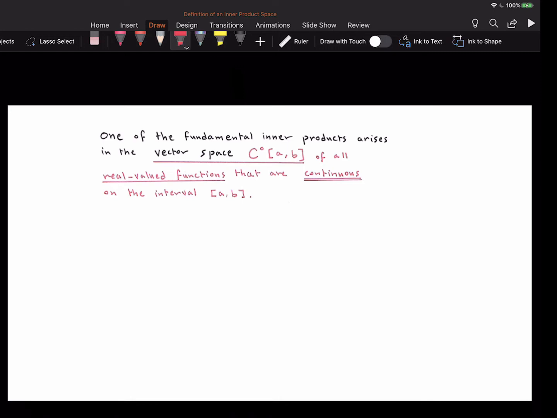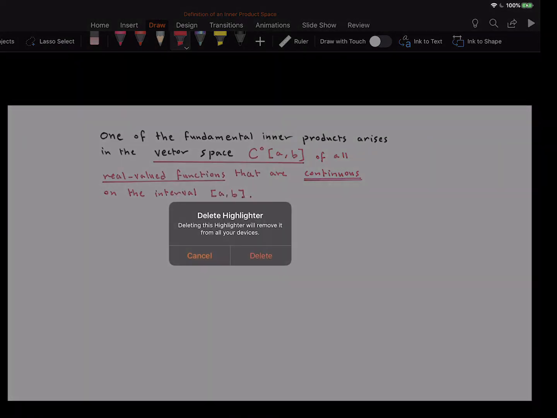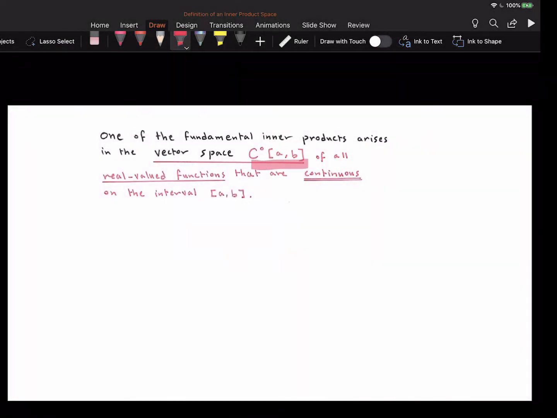So if you see this notation, that means real valued functions that are continuous on the interval a to b.